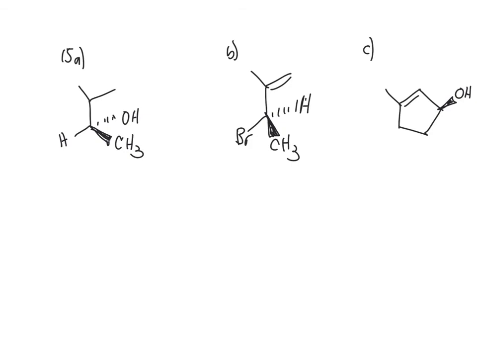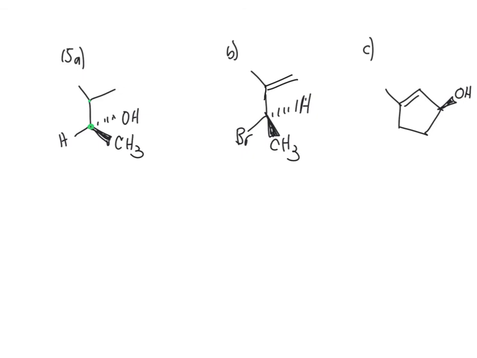Here we have these molecules. We have to find the chiral center. So here's your chiral center in A. Everything else is not, because even though this carbon is a CH, it's bonded to CH3, CH3.